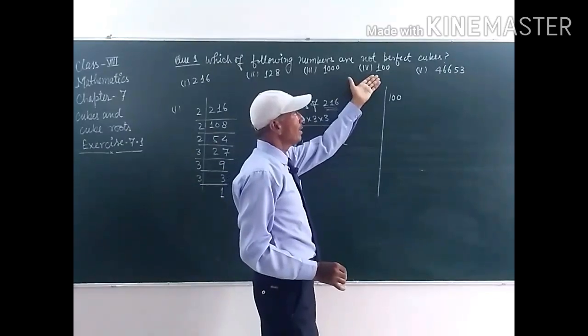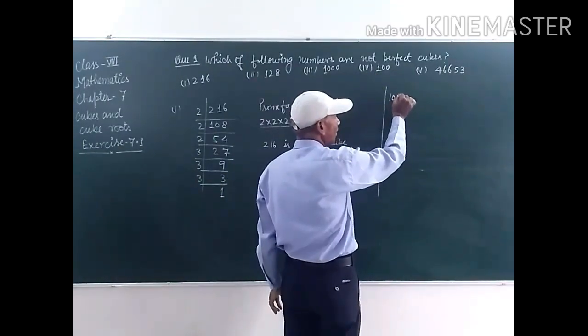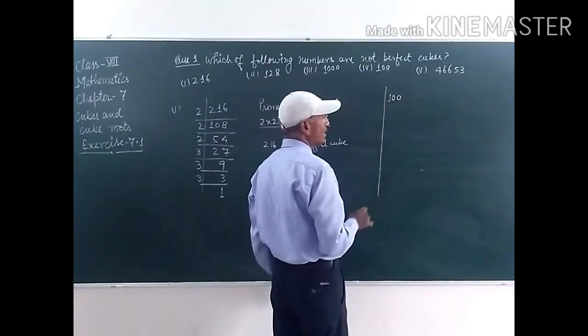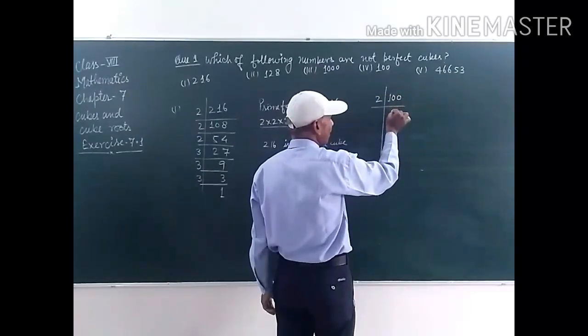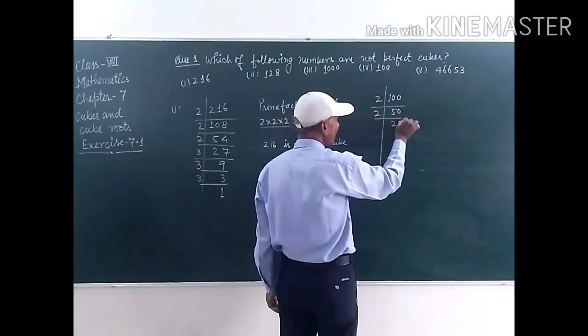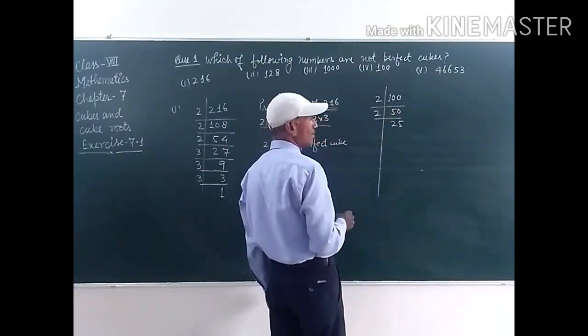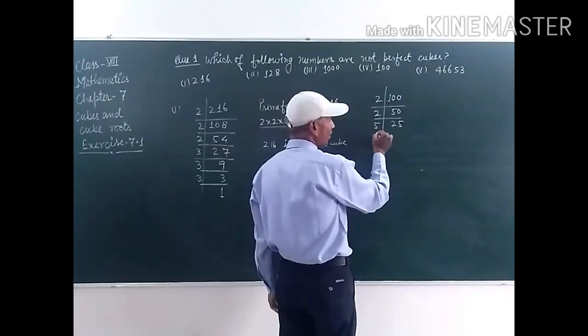We have taken here the fourth part of the question, and first of all we will find the prime factors of this number, student. After dividing it by 2 it will be 50, again by 2 it is 25. Now 25 is not divisible by 2. So, we have to take the next prime number, that is 5.